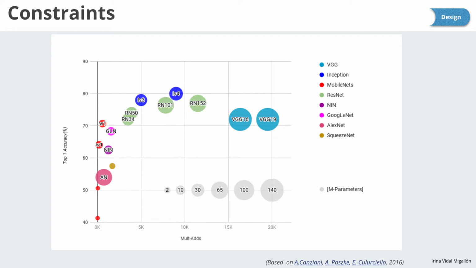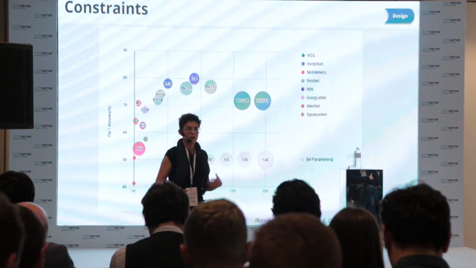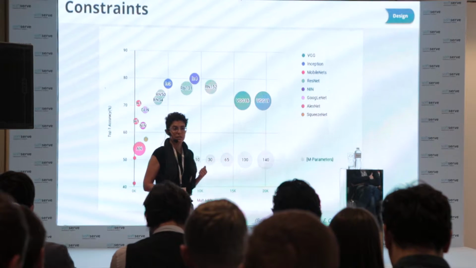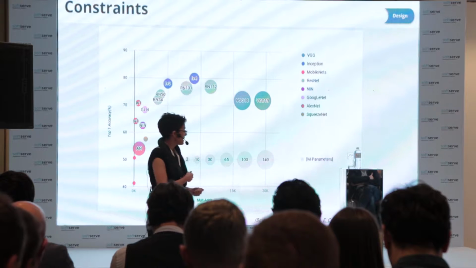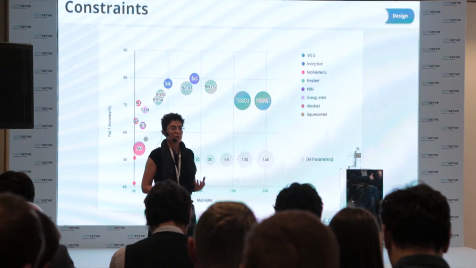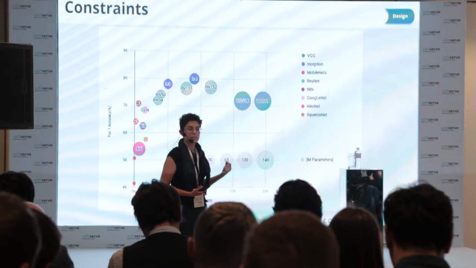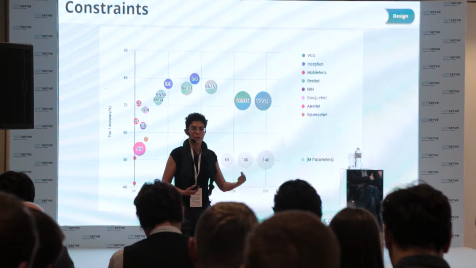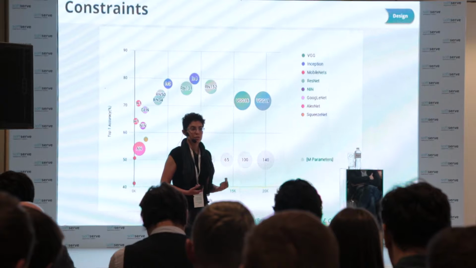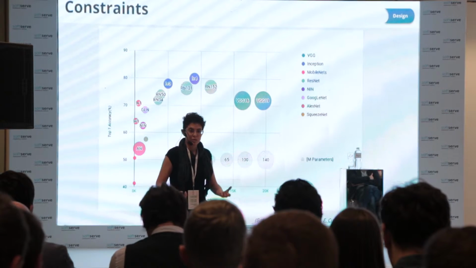If this morning you've seen in the opening speech about how AI has already surpassed human levels in image classification, we looked at those models that had competed in such challenges, and on the x-axis what you're seeing is the number of operations required to produce a single prediction for an image. On the y-axis, you're seeing the accuracy obtained by that model over ImageNet, and the size of the circles is proportional to the number of parameters of your model, so basically your memory footprint.